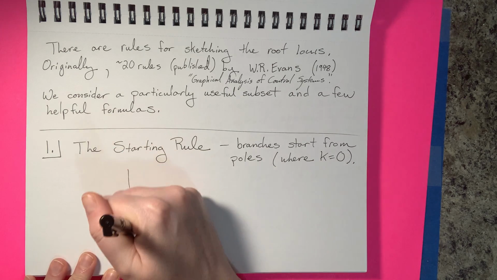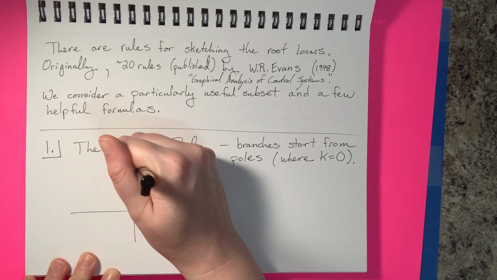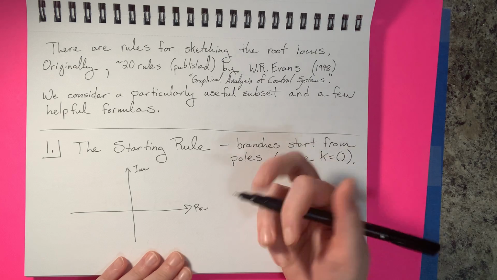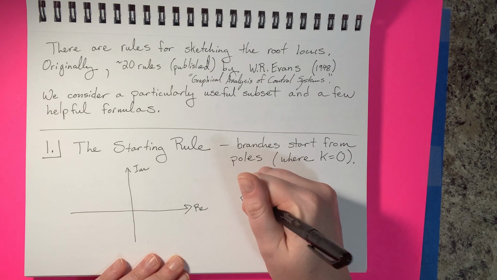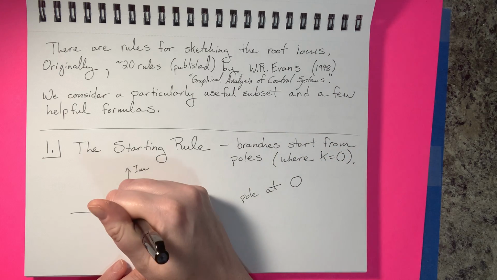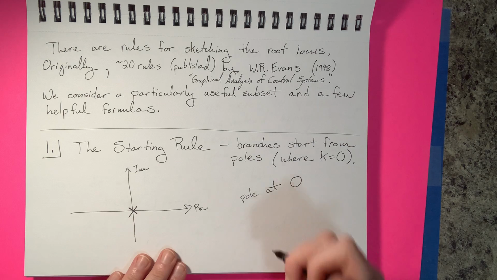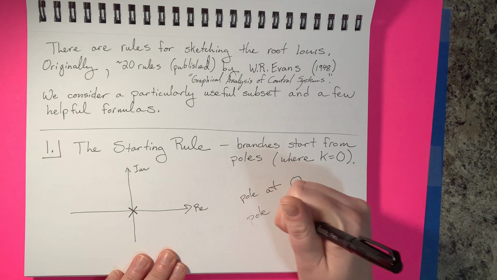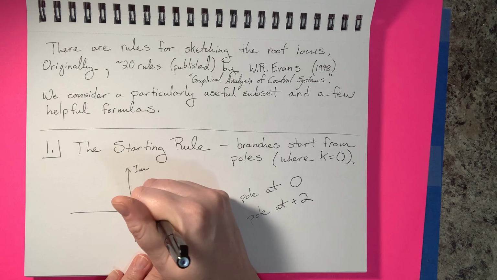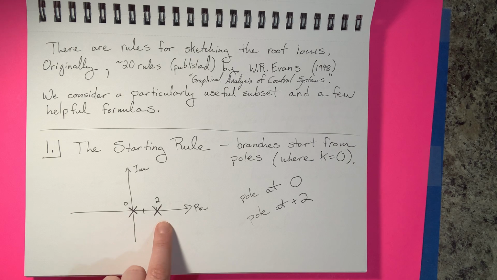So if we were to draw this out, the real axis and the imaginary axis, and say that we had a case where we had a pole at 0, then we would just mark our pole just like so. Say that we had another pole at, let's say, +2, okay?